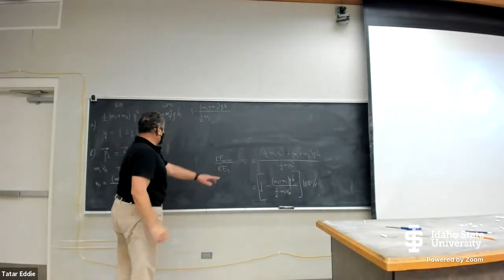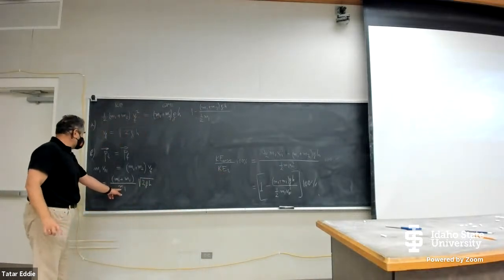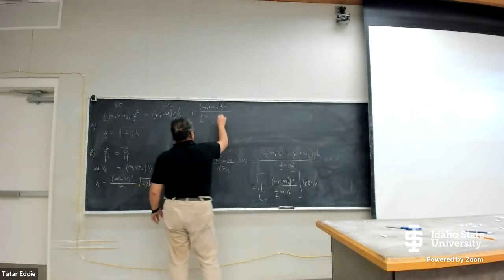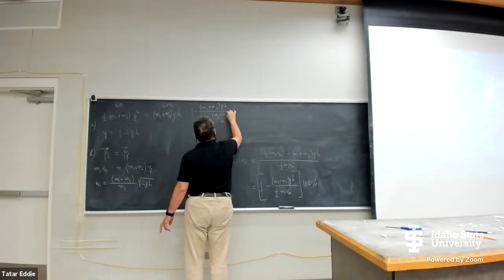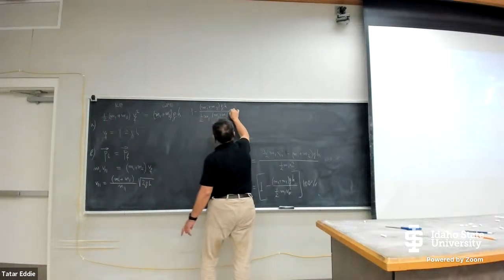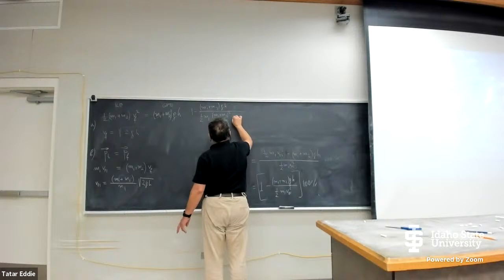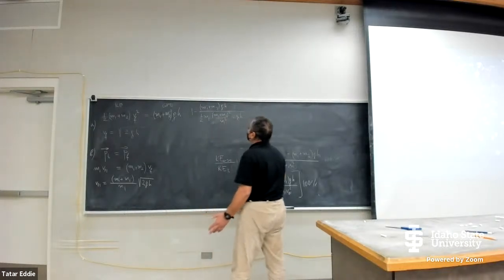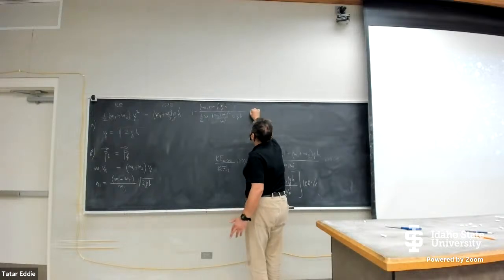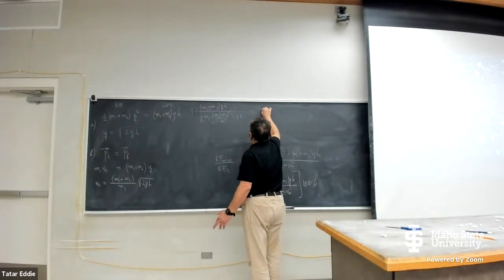So this V initial squared is going to give you ((M1 plus M2) divided by M1) squared, the square root is going to disappear, and you're going to have 2GH. And you see, you're going to have multiple cancellations.